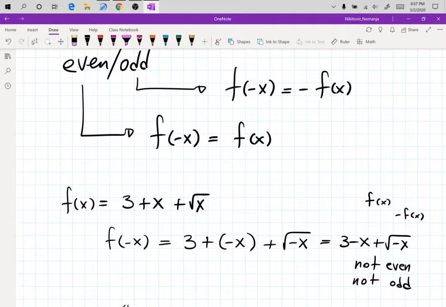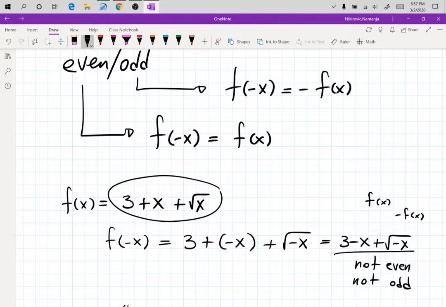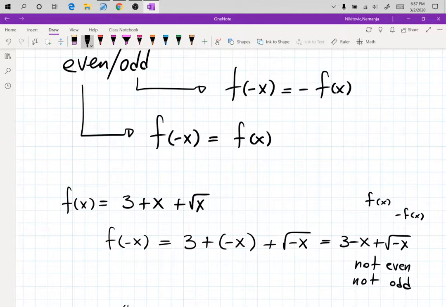The f of x looks like this, and this is clearly not the same, so that means it's not even. And if you want to create negative f of x, negative f of x would look like negative 3 minus x minus root x. You don't have that either. So it doesn't match any of the definition ones, and because it doesn't match either one, it's not even, it's not odd, and we'd say it's neither.